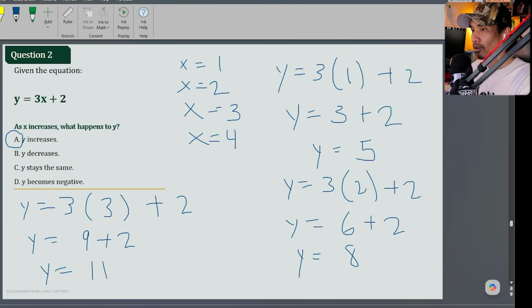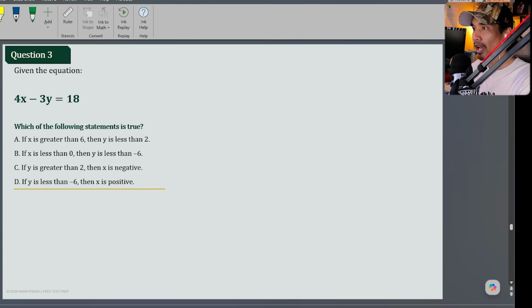Now, let's go ahead and go on to question number 3. We have a hard if-then statement. The first thing we want to do, before we even start testing the answer choices, is simplify this equation. So we have 4x minus 3y equaling 18.